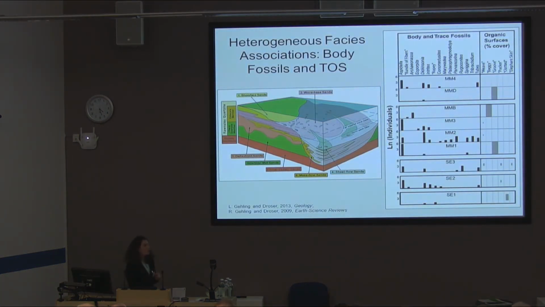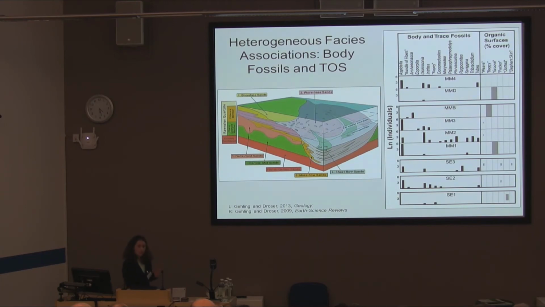Ediacara fossils are also characterized by heterogeneous facies associations, and the Ediacara Member has really been instrumental in allowing us to recognize that members of all three of the traditional Ediacara bioassemblages, the Avalon, the White Sea, and the Nama assemblages, which traditionally have been considered to be disparate either biogeographically or biostratigraphically, can in fact occur together in a single locality.